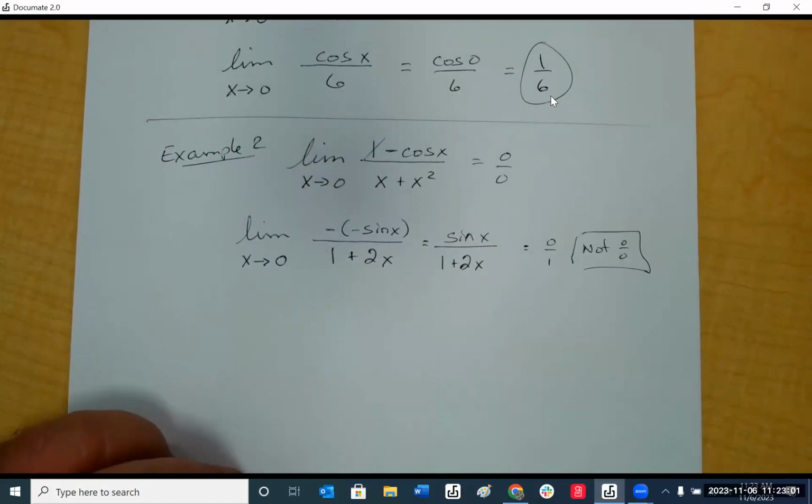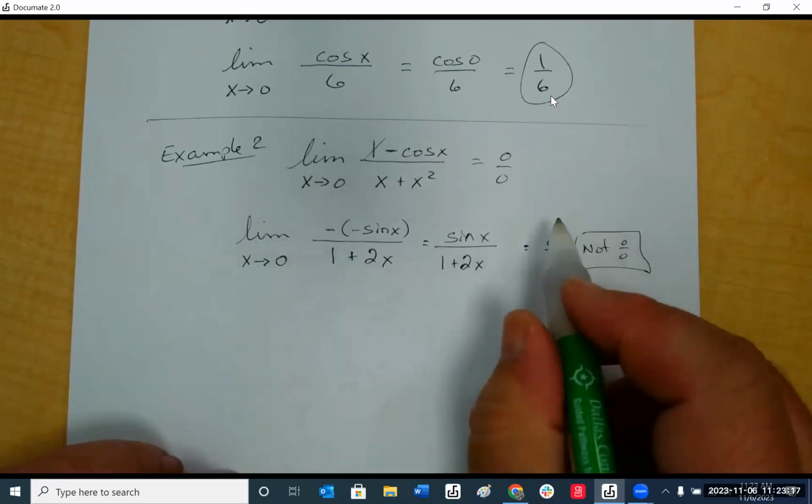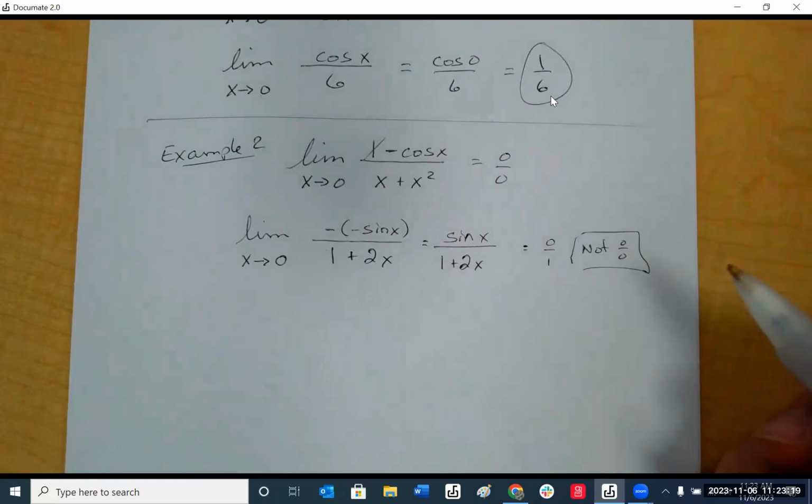So what do we do? You use the quotient rule. You take the next derivative. Yes.